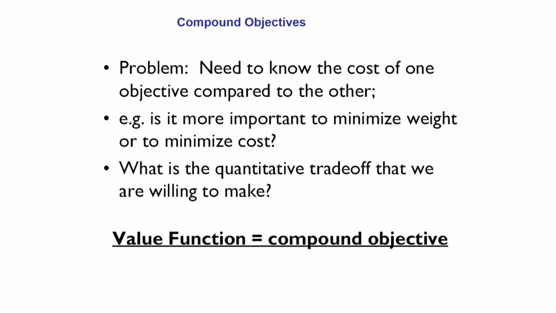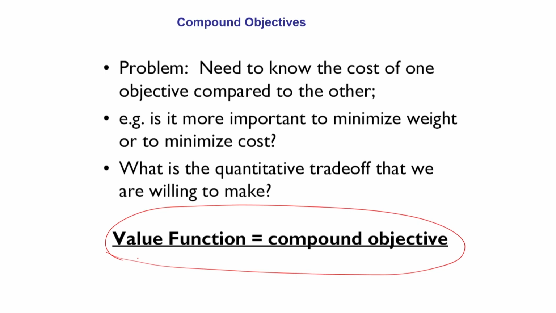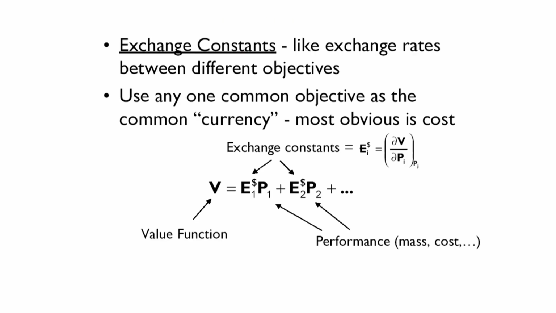Now, sometimes we can keep it as a compound objective problem, and what we look for is something called a value function or a compound objective problem. What we require in a value function is that we need to know the exchange constants, right. That means, if I have a value function with two properties, then what is ∂V/∂P, and that is going to give me the exchange constant.